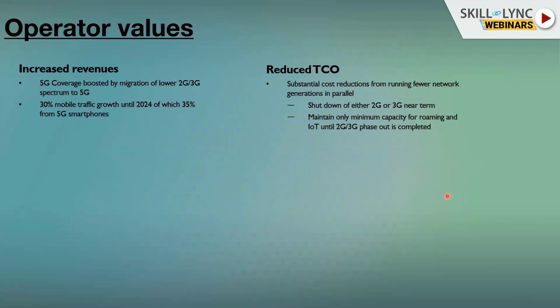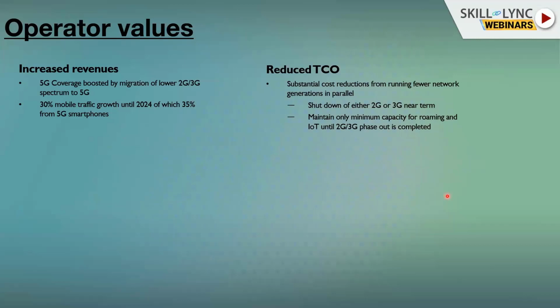First one is very much evident also. The revenue will be increased because, obviously, you are attracting more users with new kind of services. Then the total cost of ownership will be reduced, not considering the present situation, because the present situation involves this upgrade, this swapping of old equipment to new equipment.